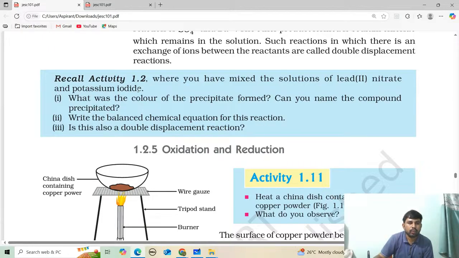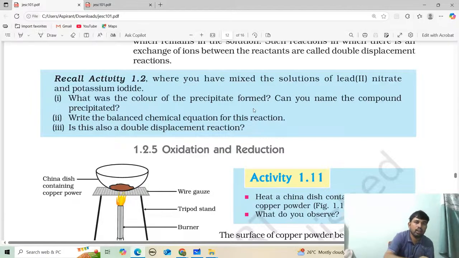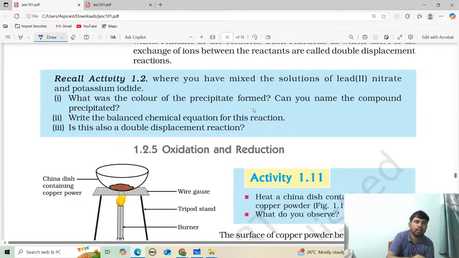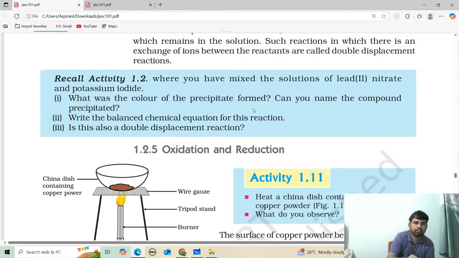They have given a mixed solution of lead nitrate and potassium iodide. What was the color of the precipitate? Lead nitrate, what is the formula of lead nitrate?